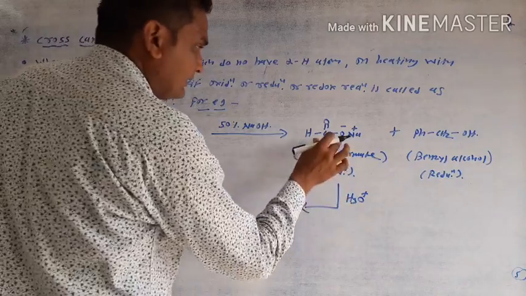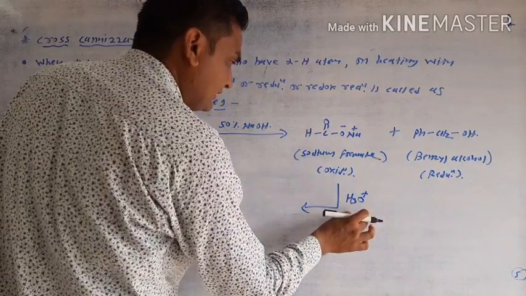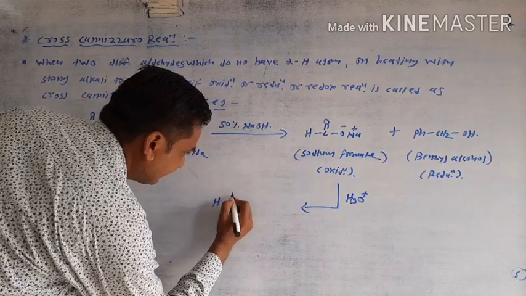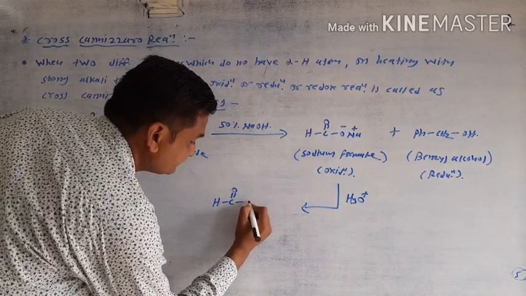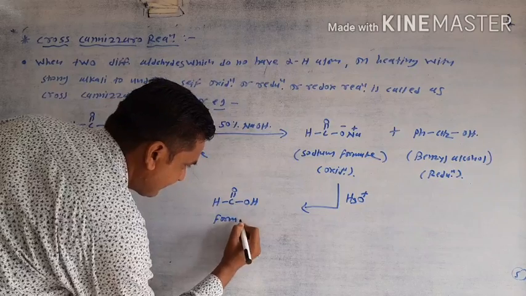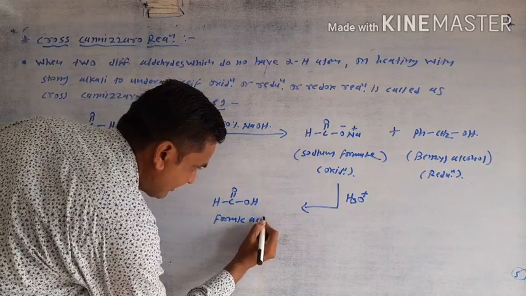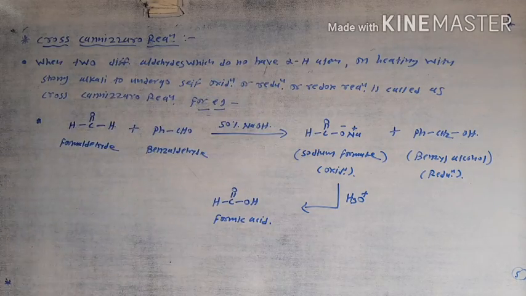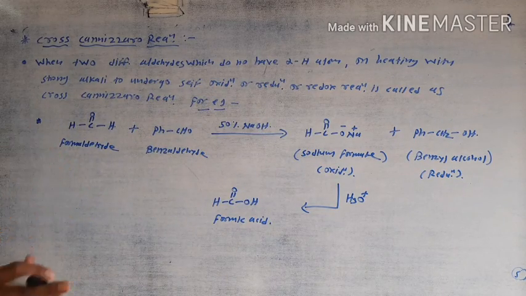For example, this sodium formate is acidified with H3O plus, then gives the product formic acid. This overall reaction is called a cross Cannizzaro reaction.